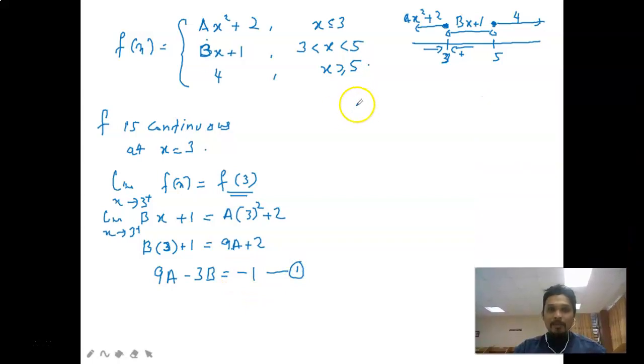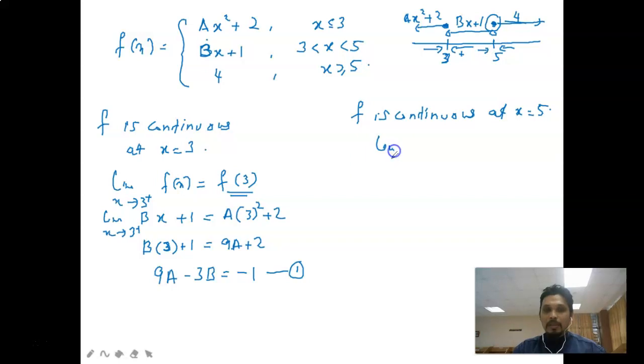Okay, and also f is continuous at x equal to 5. Here x exactly equal to 5 is the graph of the function 4, and we compare with the limit as x approaches 5 from the left.